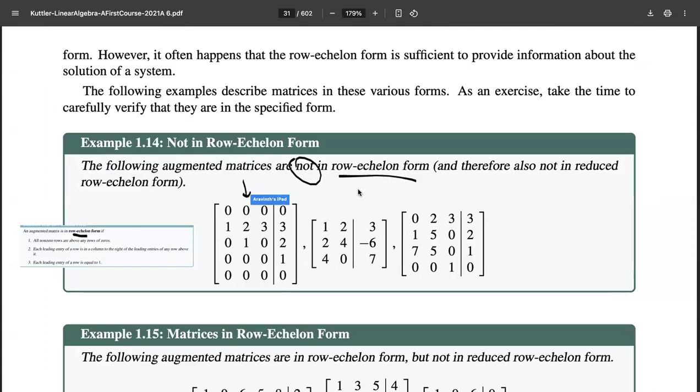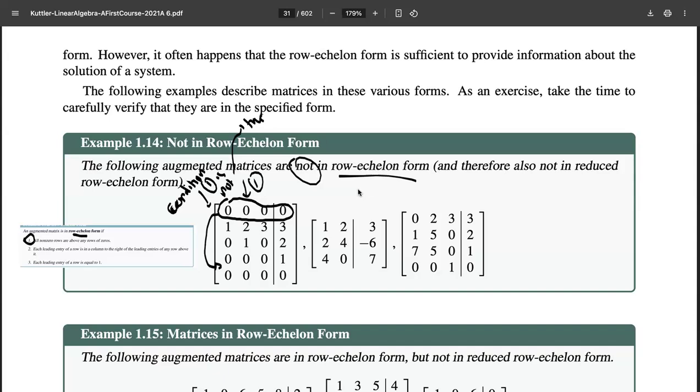So that is why condition 1 is not satisfied. And condition 1 can be seen over here. If this is too small, you can just go back to the definition of row echelon form. All I did was copy paste that over here.